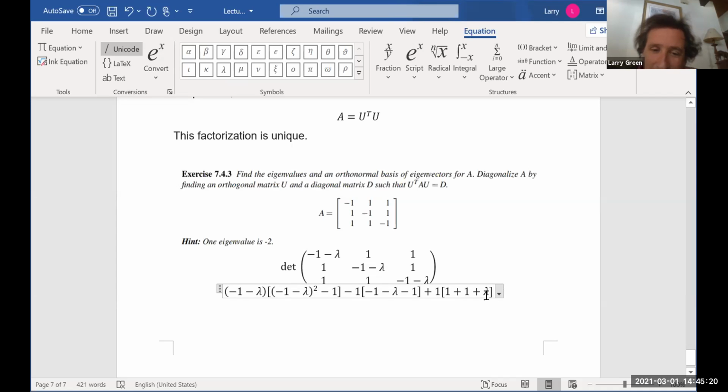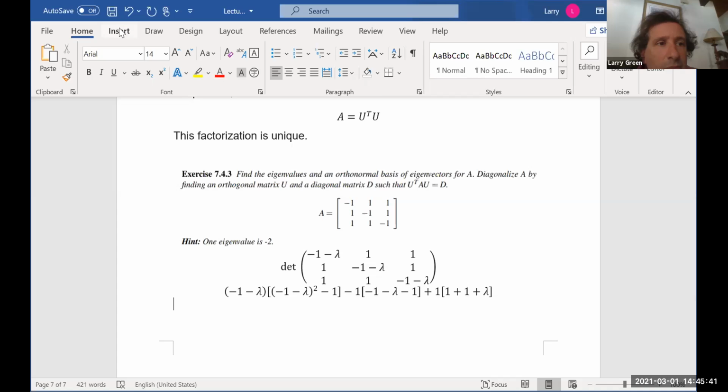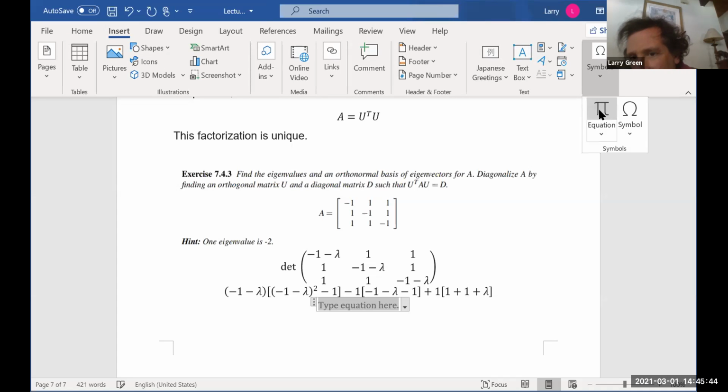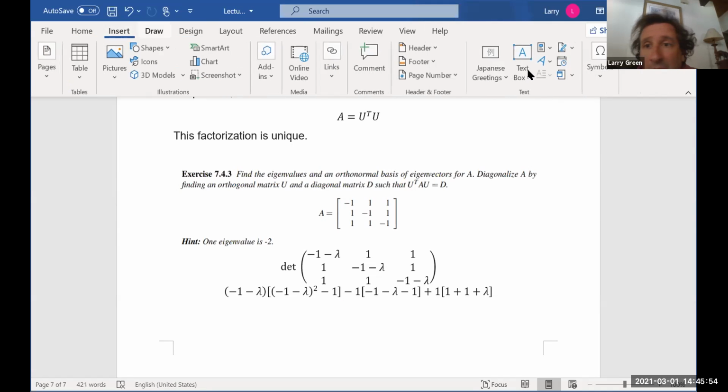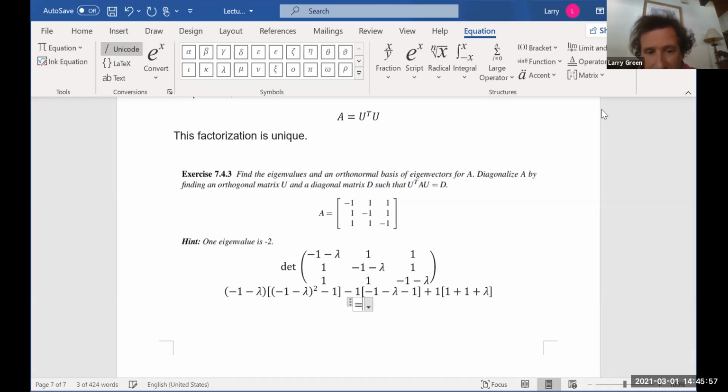Okay, getting there. It's kind of messy. All right, so take a look. What do I have so far? Might want to write it out. So what I get, I have negative 1 minus lambda times, let's FOIL this out and simplify.